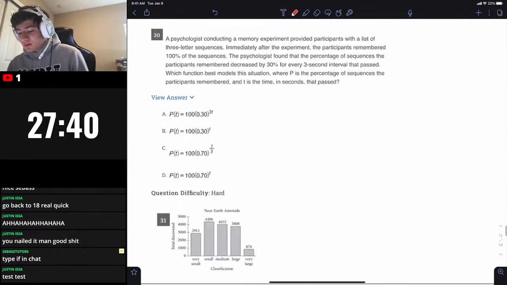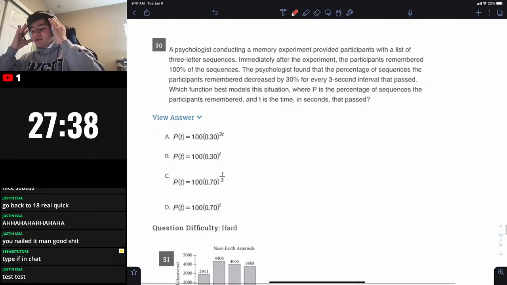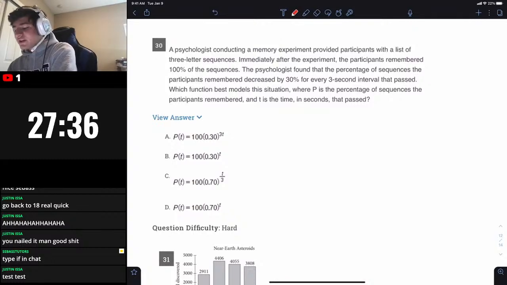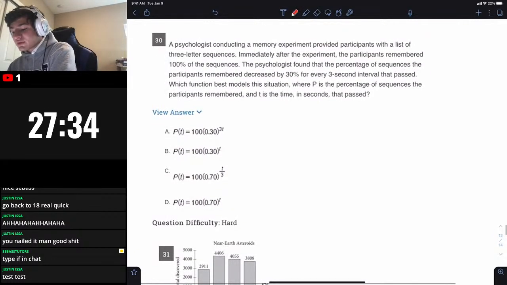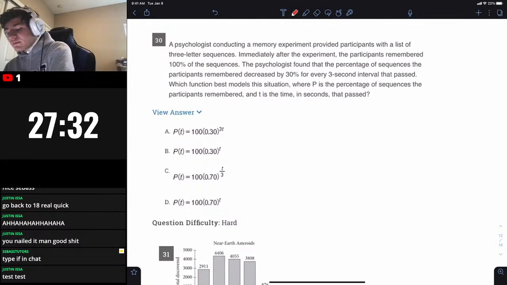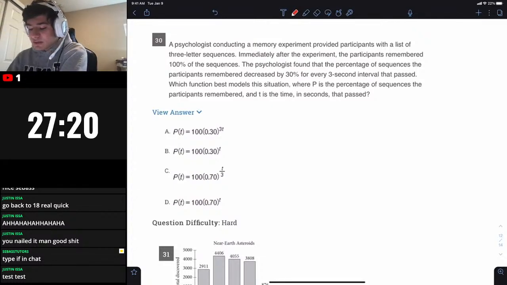So doable though, doable. Okay, psychologists conducting a memory experiment provided participants with a list of 3-letter sequences. Immediately after the experiment, the participants remembered 100% of the sequences. The psychologist found that the percentage of sequences participants remembered decreased by 30% for every 3-second interval that passed. I like this already.